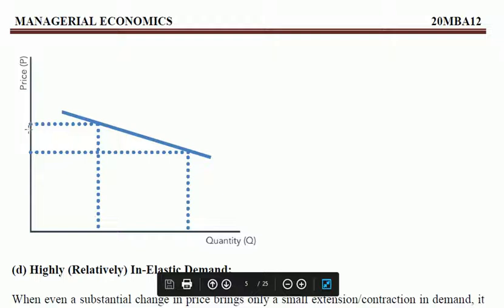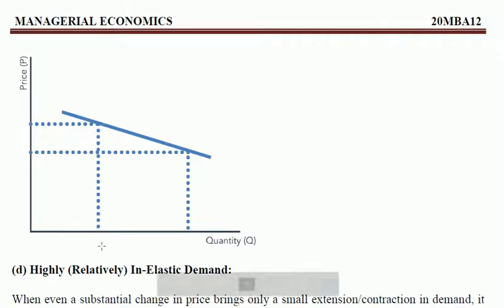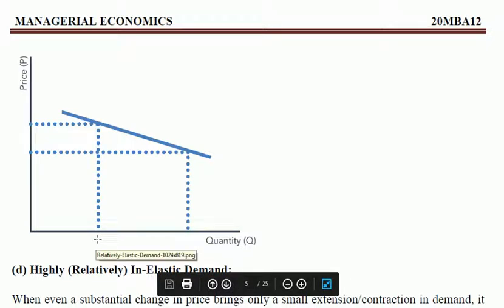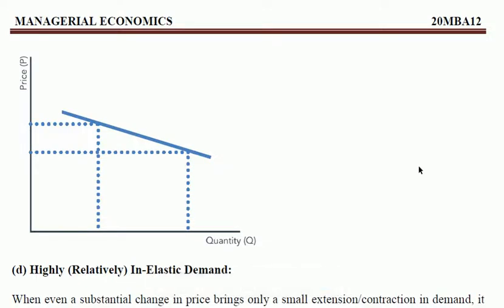From this price there is a decrease in the price, so the quantity demanded has increased to this much. A huge increase in the quantity. For example, from 10 rupees you decrease the price to 8 rupees. At 10 rupees the demand was 100 units, and after the decrease the demand has increased from 100 to 200 units, something like that.